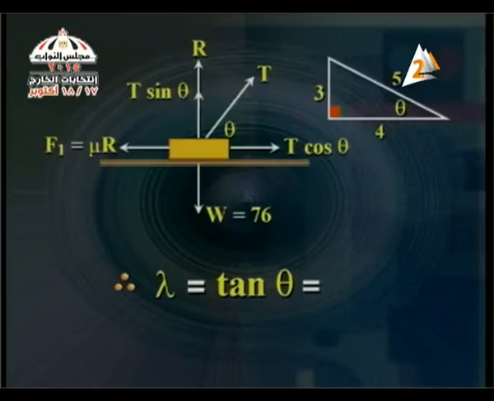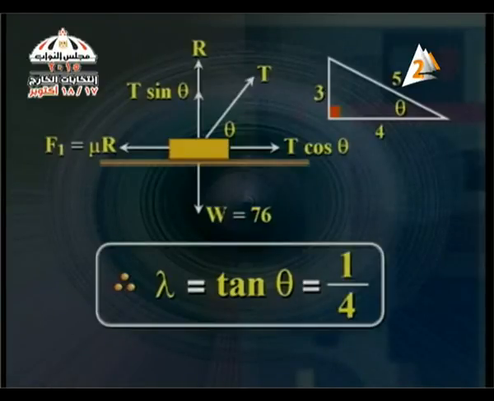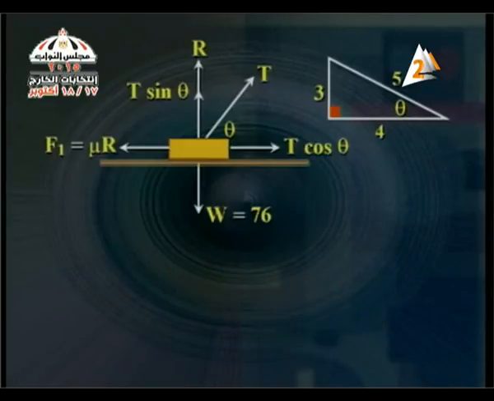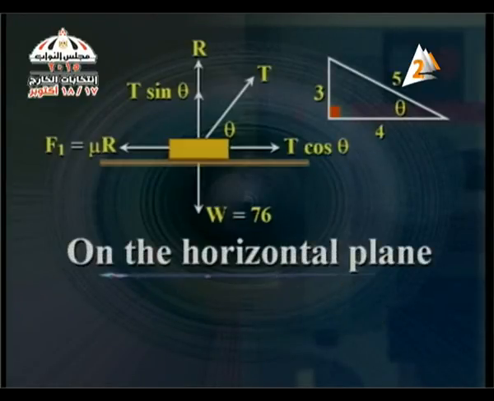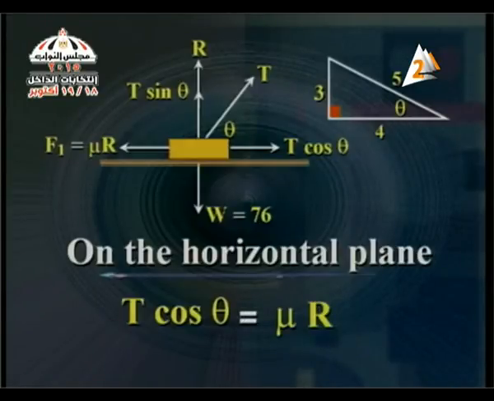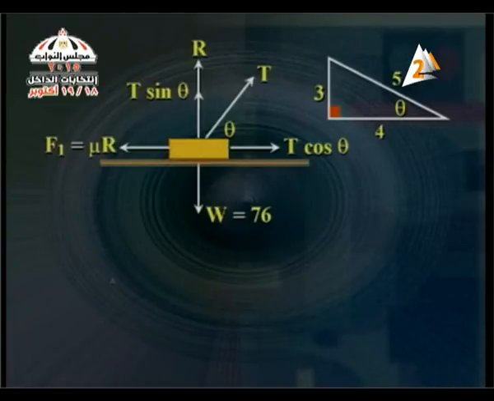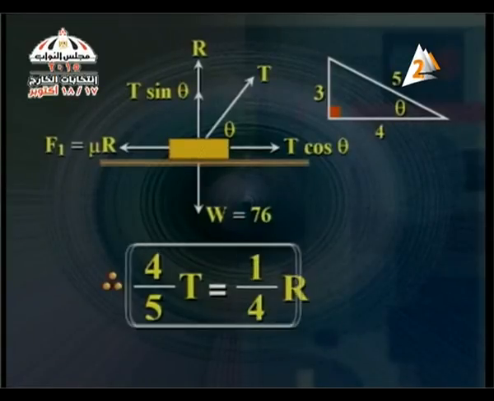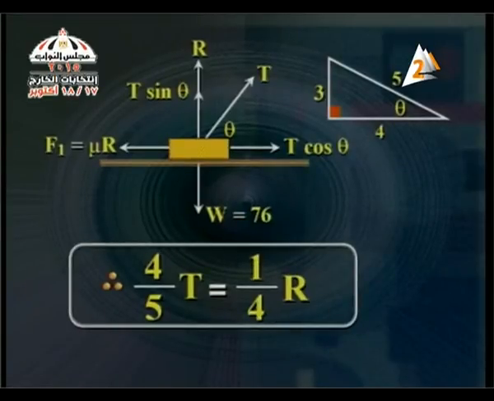Then, since mu equals tan theta equals 1/4, on the horizontal plane T cosine theta equals mu R. Therefore 4 over 5 T equals 1 over 4 R, and this is equation number 1.